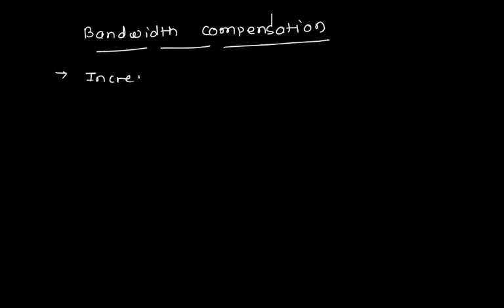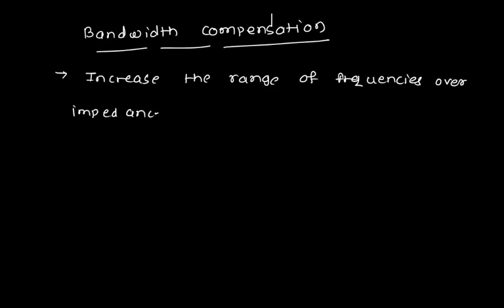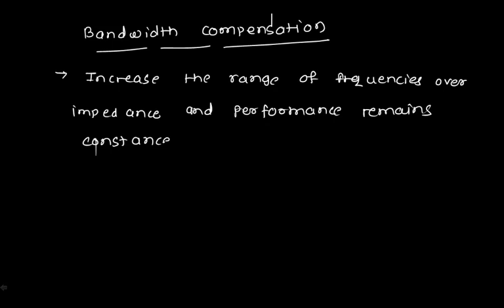So you increase the range of frequency over which impedance and performance remain constant. You are increasing the range of frequency, and you are increasing the performance of the antenna. You're increasing the range of frequency for impedance and for the performance, and that is what we call bandwidth compensation.